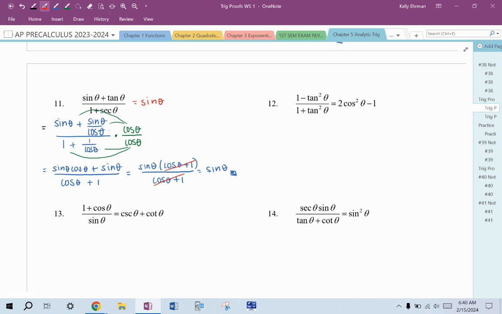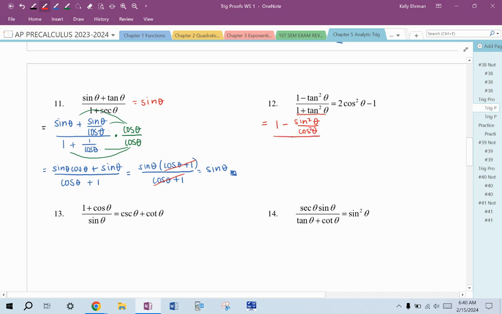All right, next one. I'm going to start on the left side. And again, you can change to sines and cosines, or I do see a Pythagorean identity here, so I'm going to change that. So 1 minus, maybe we should make tangent squared sine squared theta over cosine squared theta.